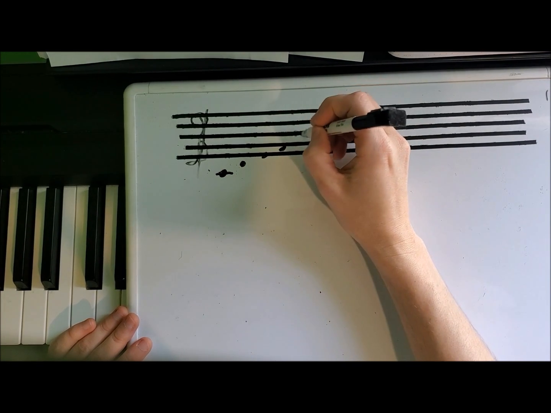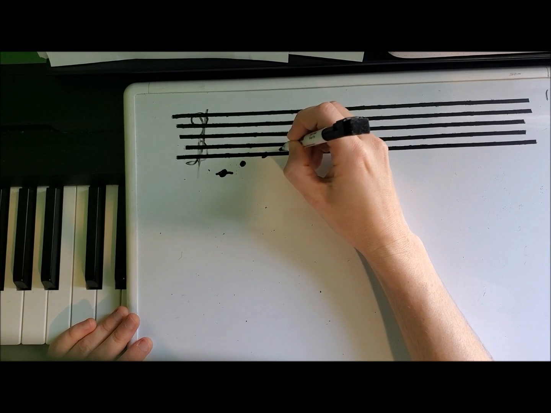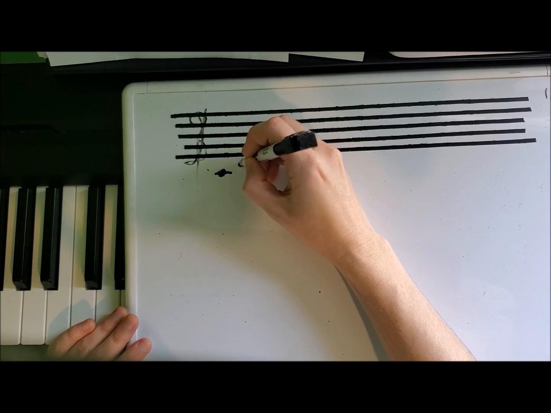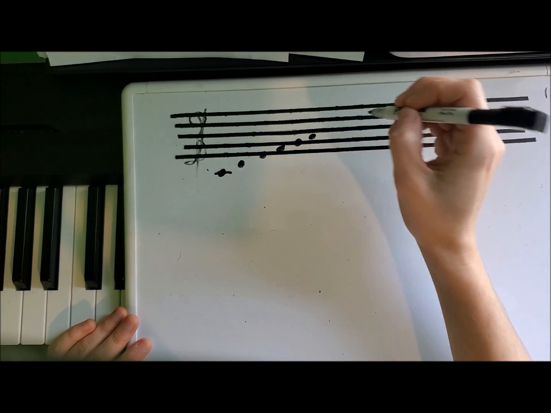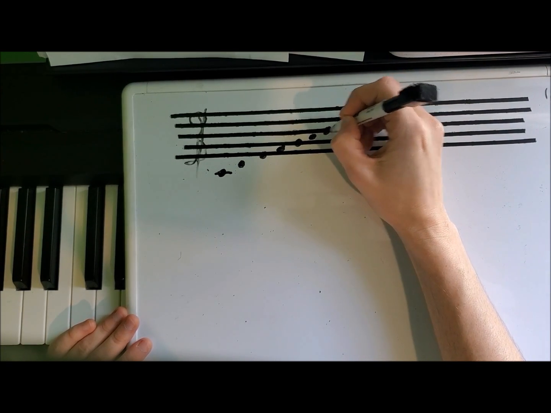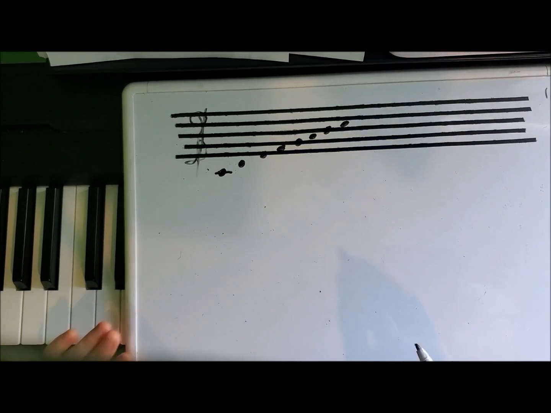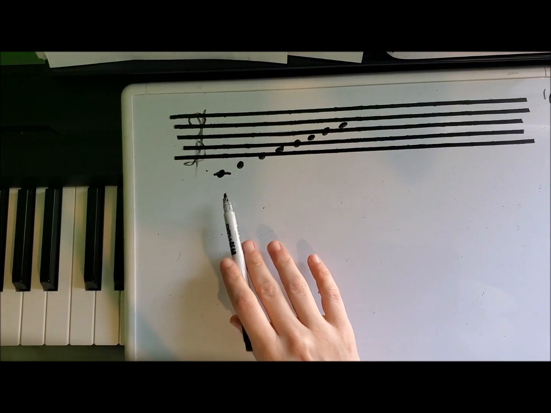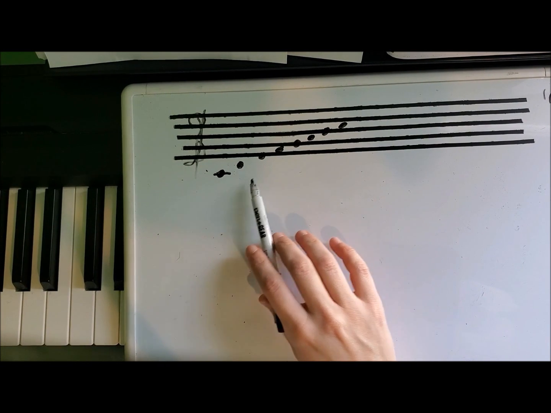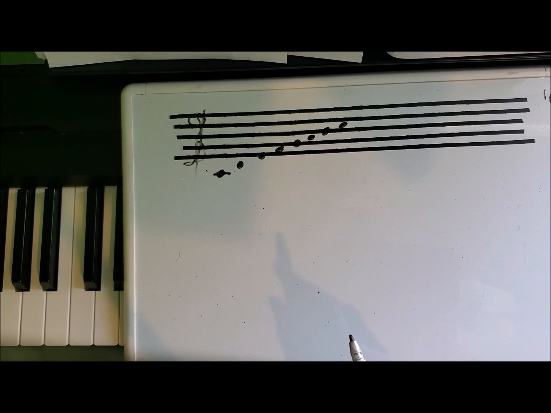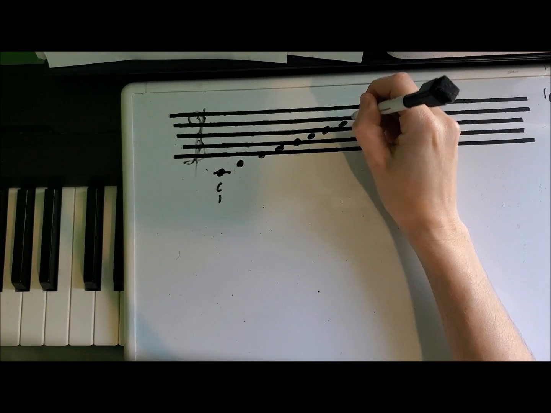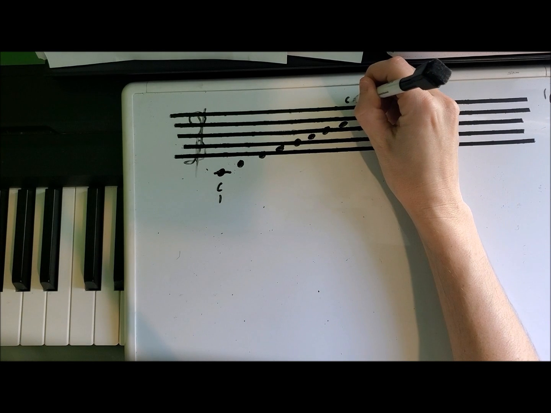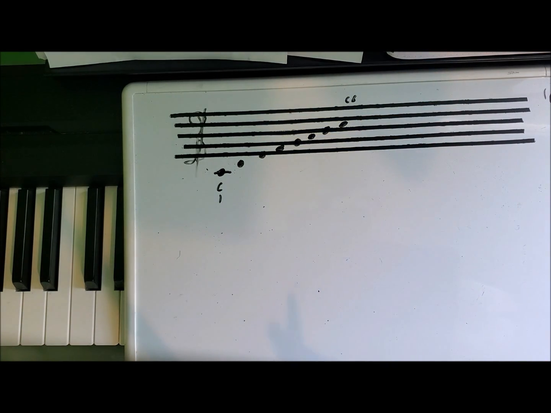Now these are just generic notes. I'm not drawing any particular note right now. These are just little note heads to mark the place of where each note would be. So I have 8 notes here. They're all moving up. This one being C, our first note, and up here is going to be C. That's our 8th note in the next octave.